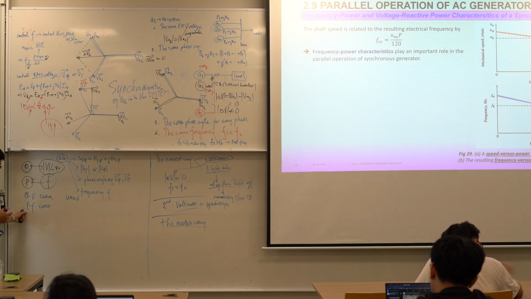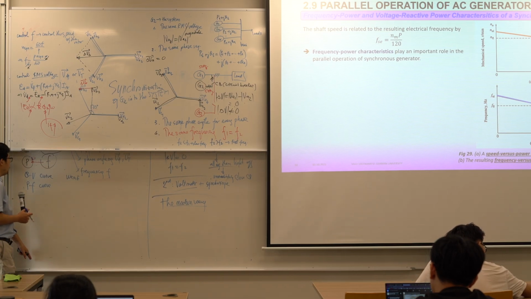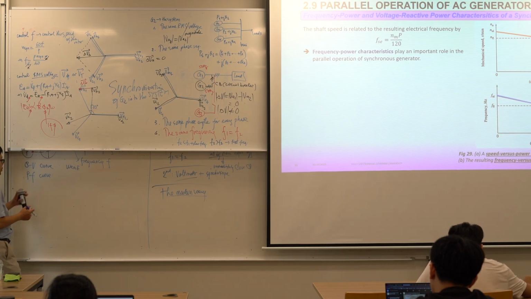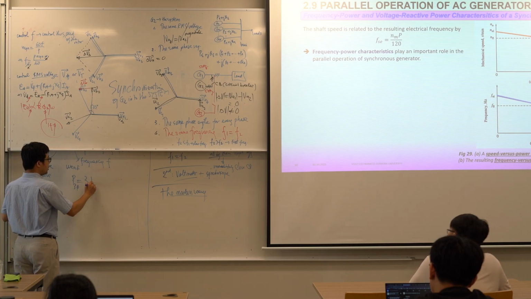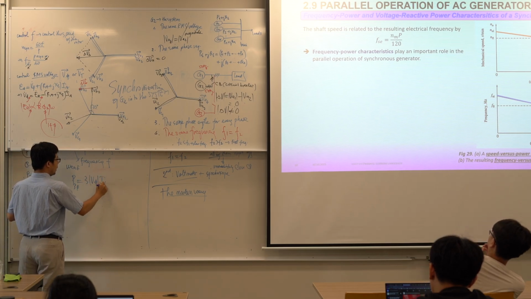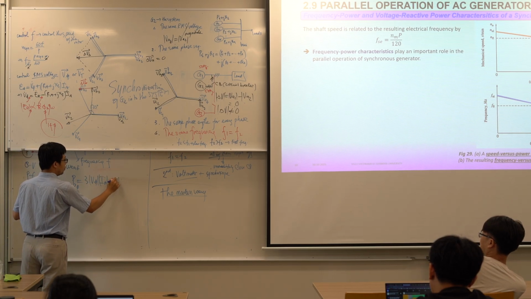Why do we have this good relation? Because everybody knows P = 3 V phase IA cosine theta.